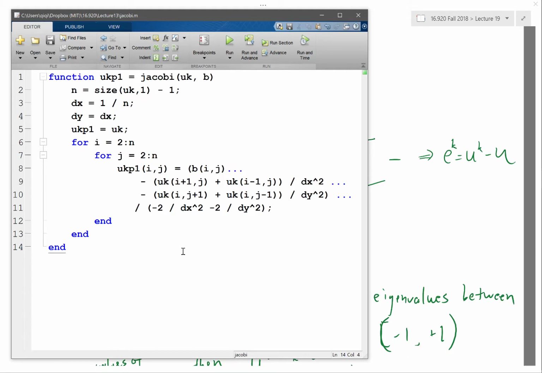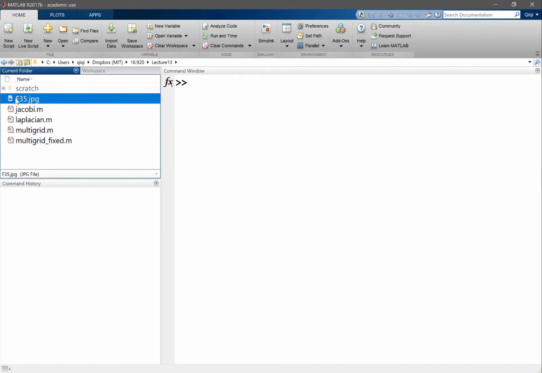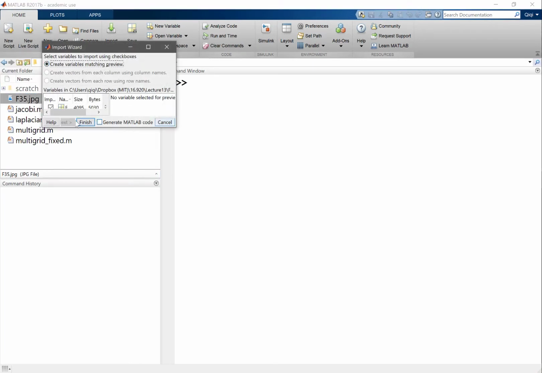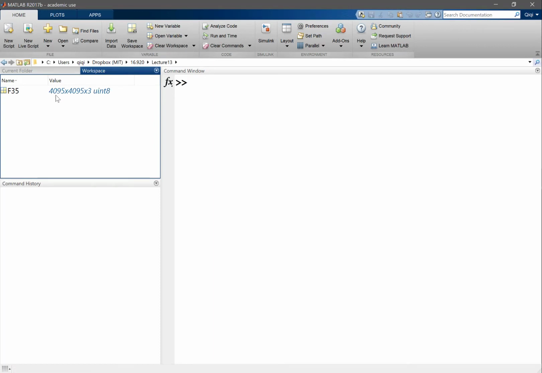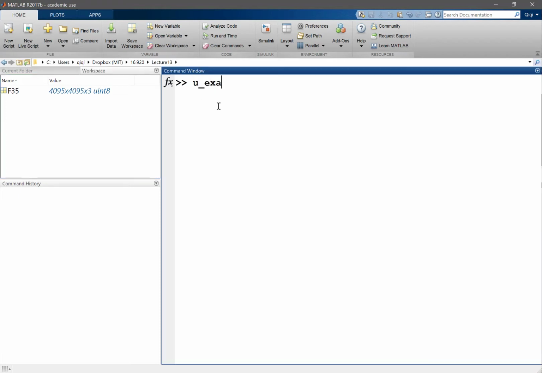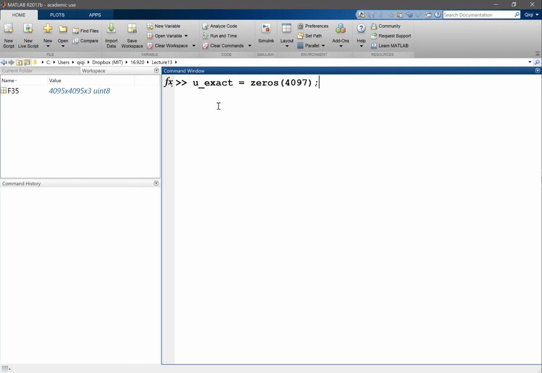And if we perform Jacobi iteration on the system, we can see how fast it converges, right? Last time we imported the whole image, and we got a 4095 by 4095 by 3 integer array. So we can set our U exact to be that image. Let's first set it to zeros, 4097 by 4097, so that includes the boundary.